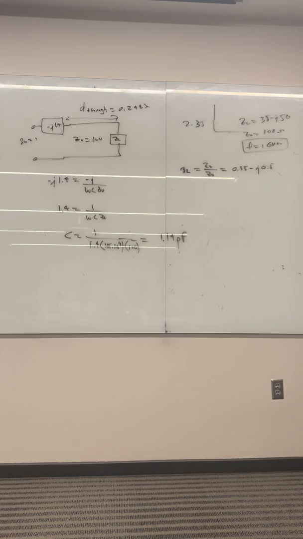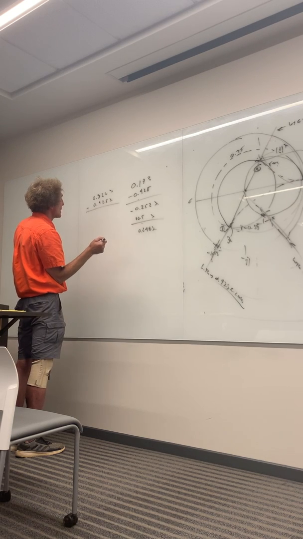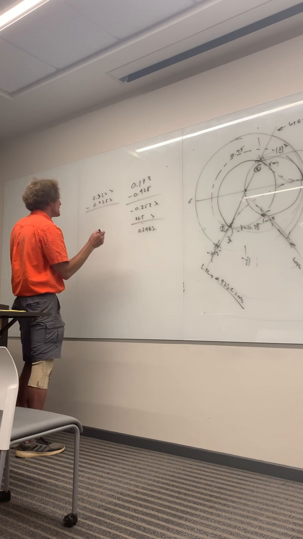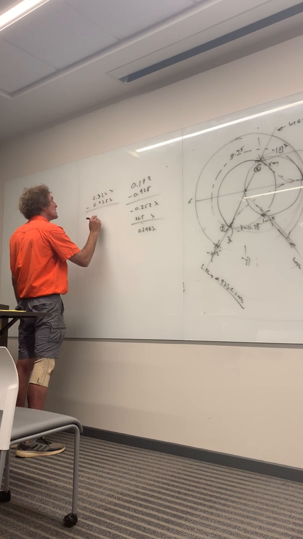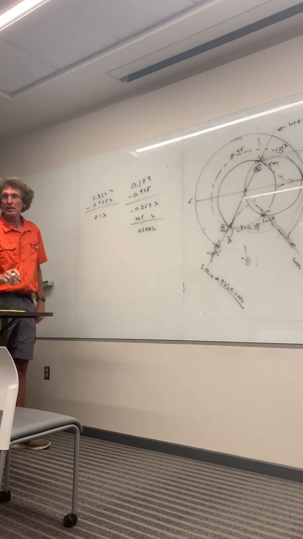And that gives me what? About 0.1, isn't it? It's 0.1 lambda approximately. Do you agree with that?